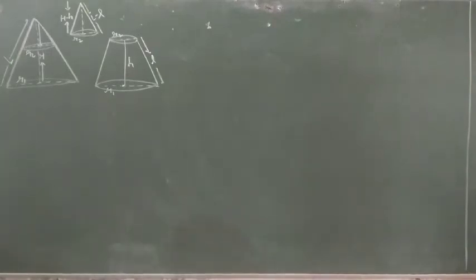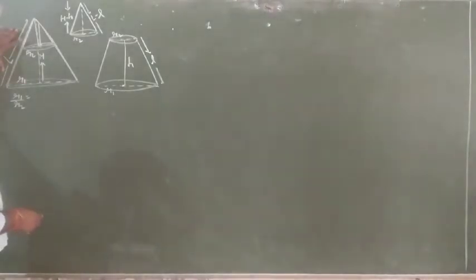What is the basic proportionality theorem? When a line parallel to one side of a triangle divides the other two sides, it divides them in the same ratio. That means the ratio of R1 and R2 equals the ratio of the slant heights of both cones, this and this.